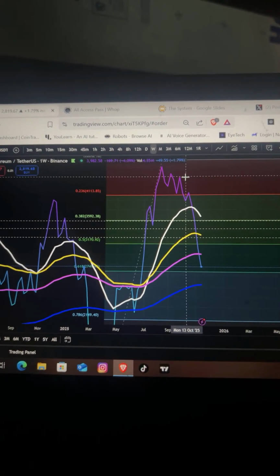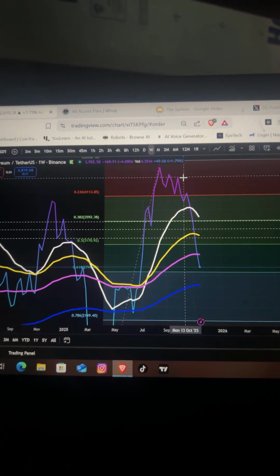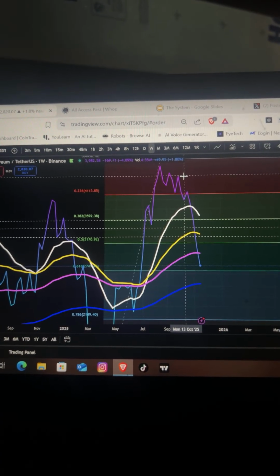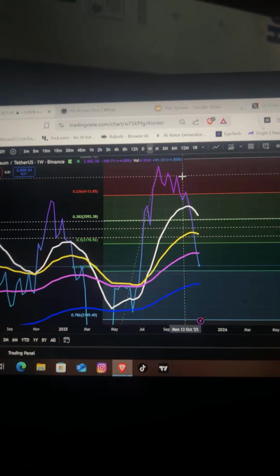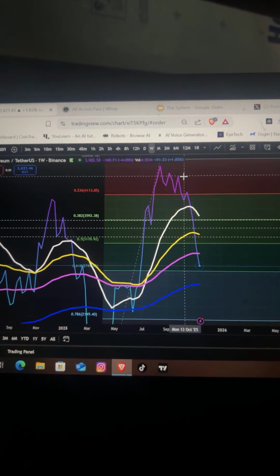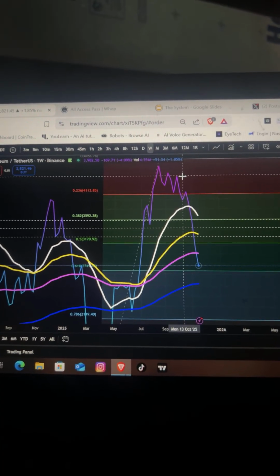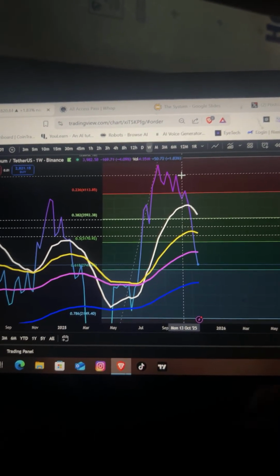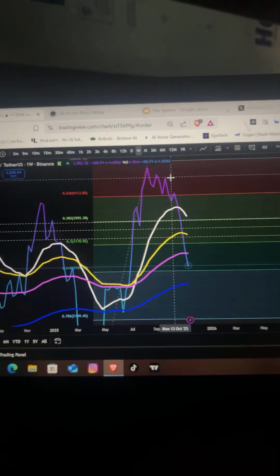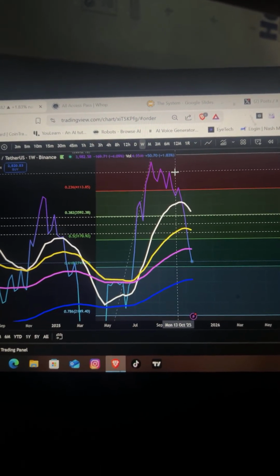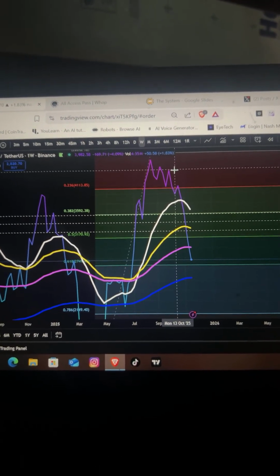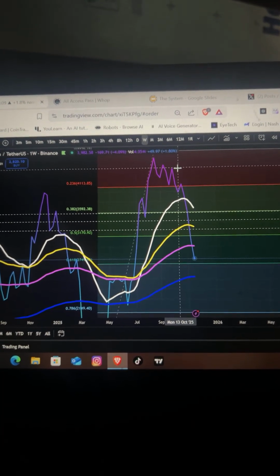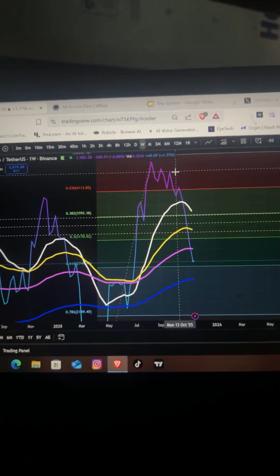certain moves have to be made, because for example today's the last day of the week. Now that we already had the last 12-hour candle close at 5 in the morning for crypto, that means right now from 8 a.m. till 5 p.m. is your last chance to go for a certain move.